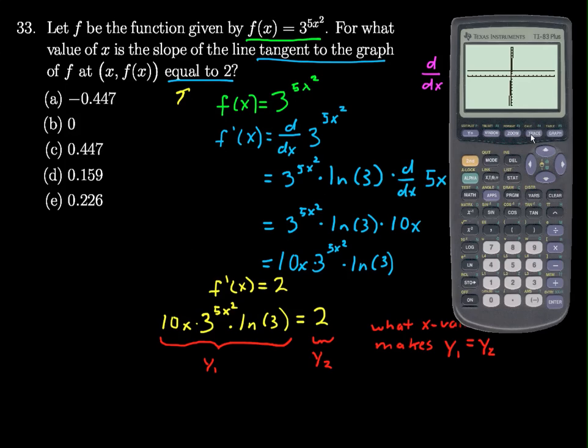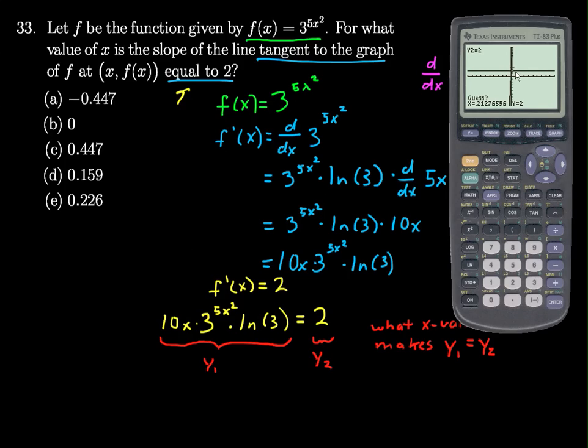And so basically I'm trying to find where both of these intersect. I'm going to see it's really close to 0. No surprise there, all of my choices are either 0 or close to 0. So to find the intersection, I'll do second calc. I'm going to go down to intersect, so I'm going to press 5. Let's get close to it. Alright, my first curve is y1. My second curve is y2.